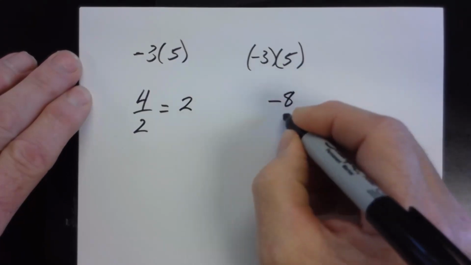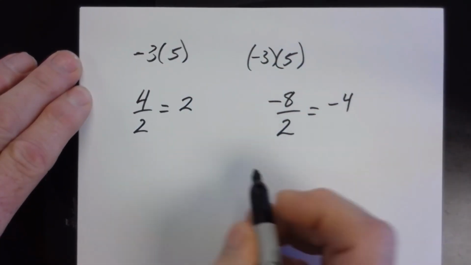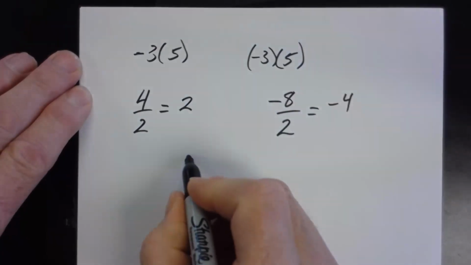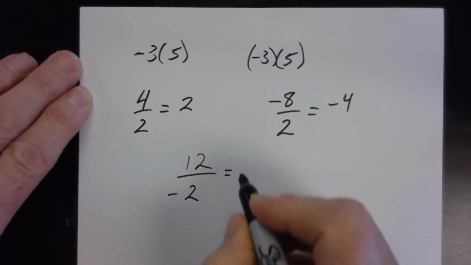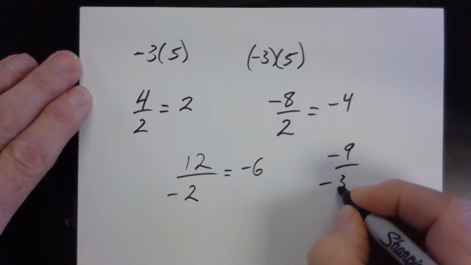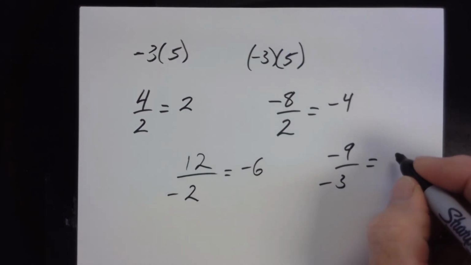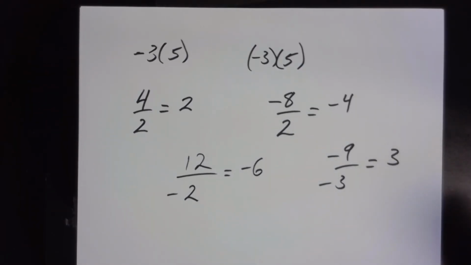If one of them is negative, the answer is negative. And it doesn't matter which one. Okay, negative 6. If both of them are negative, that's 2 negatives, so positive. So the rules for multiplication and division are the same thing. Okay, all you do is count how many negatives there are.